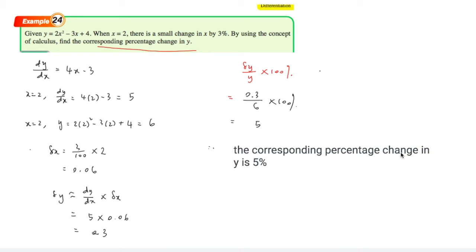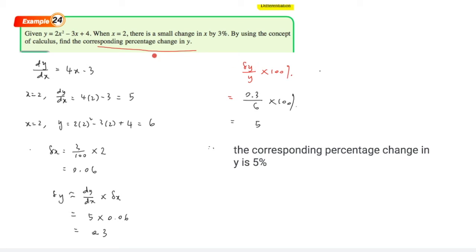Okay, done. Example 24. So you need to find the x in dy dx and the x in y, because you need to find delta y using dy dx. Delta x you are given by percentage, so you times the original x to get it.